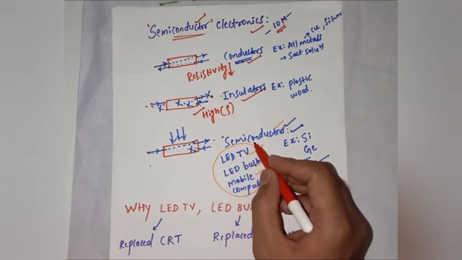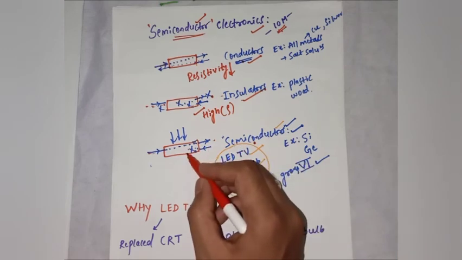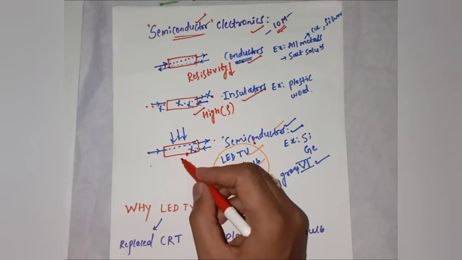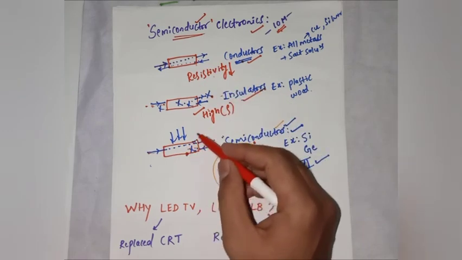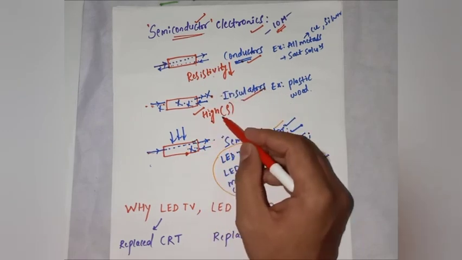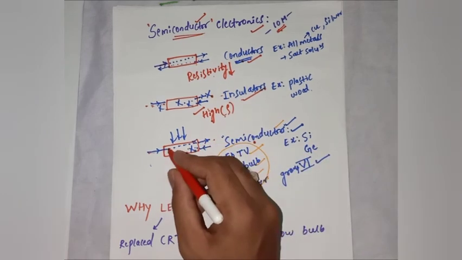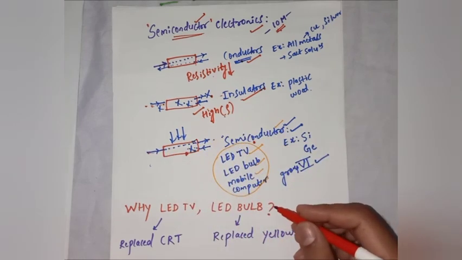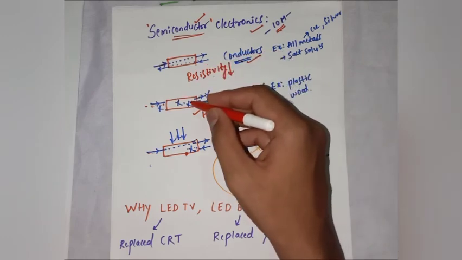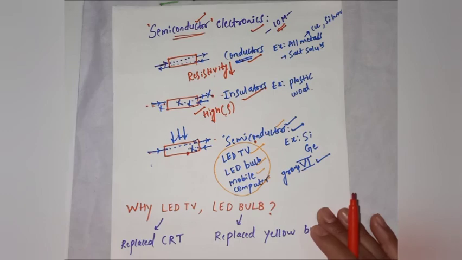And coming to the semiconductor, the resistivity of a semiconductor is not very low and not very high. Not very low as that of conductors and not very high as that of insulators. So the resistivity of a semiconductor lies between conductors and insulators. Remember that. So this is a classification of these materials based on conductivity and resistivity.